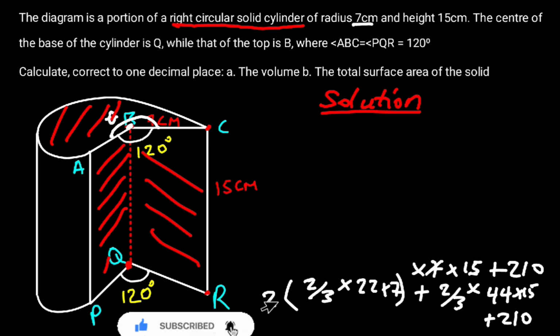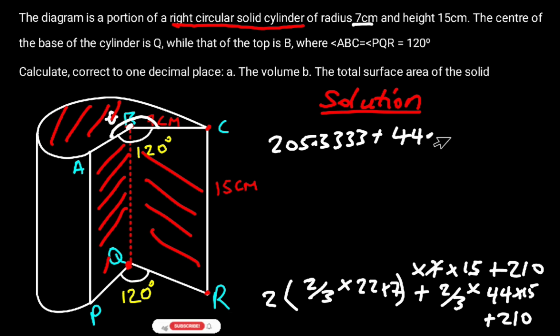So 2 multiplied by 2 over 3 times 22 times 7 is equal to 205.3333. Then we have plus 2 over 3 times 44 times 15, which is equal to 440. Then finally we have plus 210.